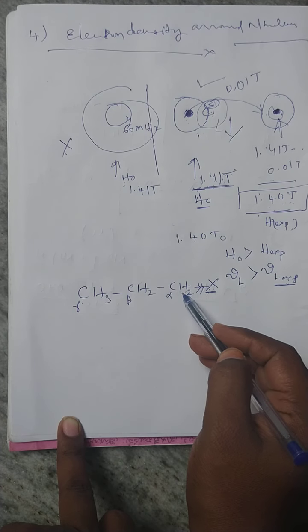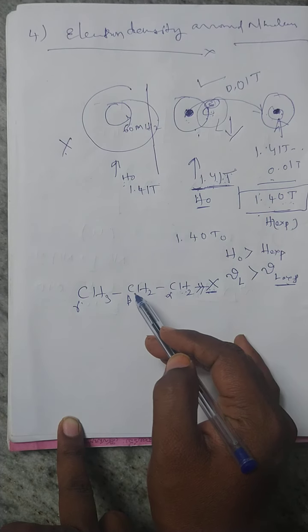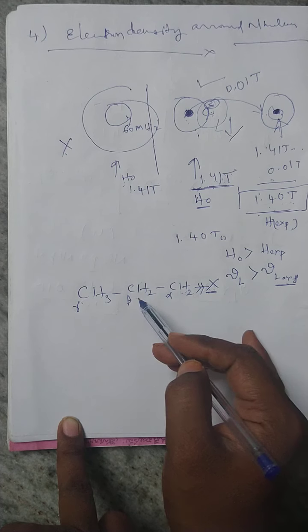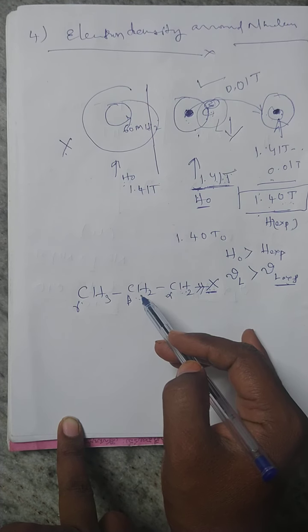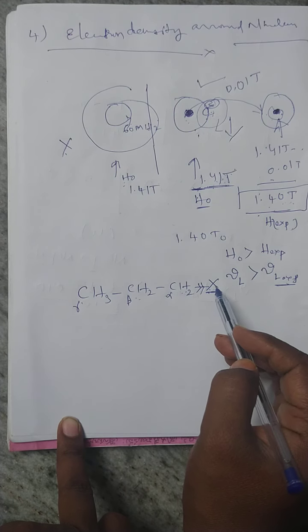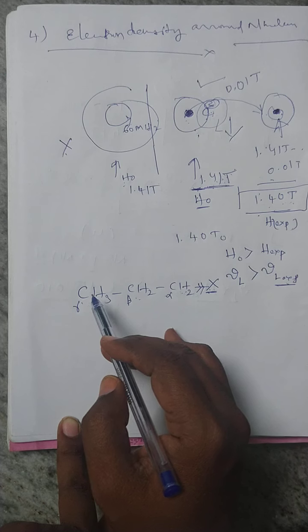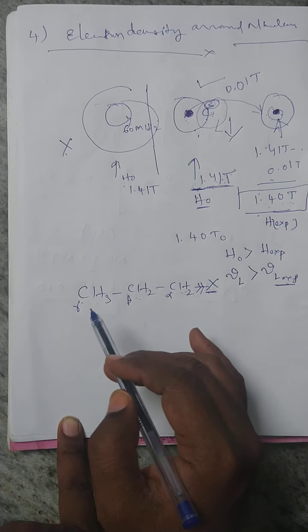And when you move further from this carbon to this carbon, alpha to beta, the distance increases, so the electron density will not be greatly altered. And if you move further from this highly electronegative atom, the electron density will not alter as greatly, right?